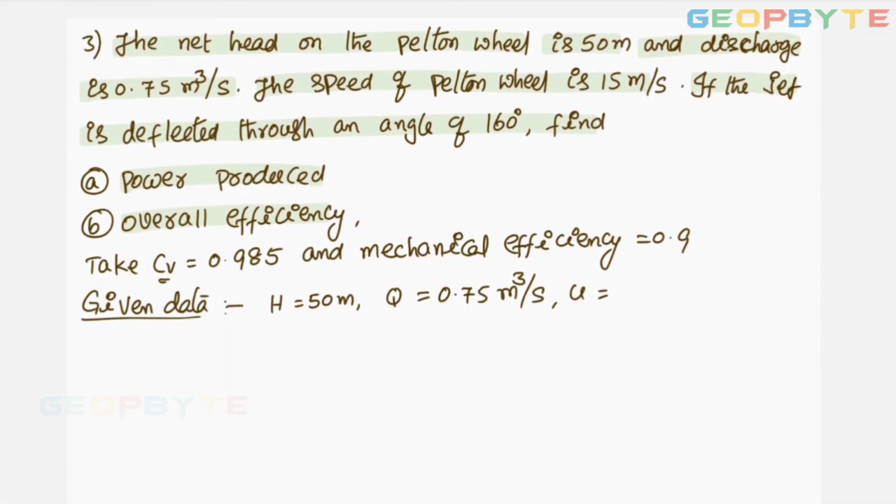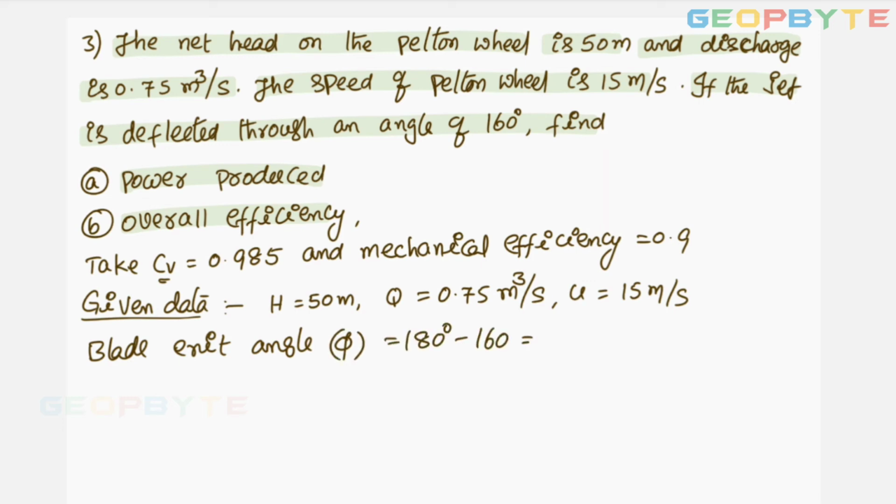The net head is 50 meters, discharge 0.75 meter cube per second and the blade speed is 15 meters per second. Jet deflection angle is given as 160 degrees. Therefore, blade exit angle phi equal to 180 degrees minus 160, which is equal to 20 degrees.